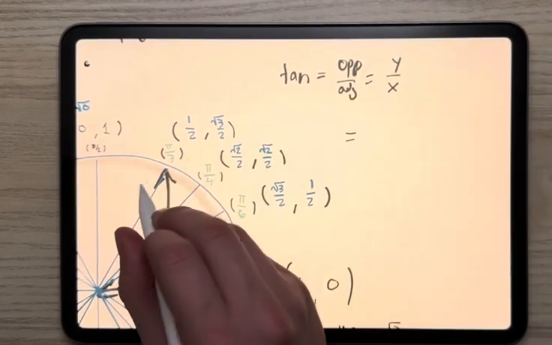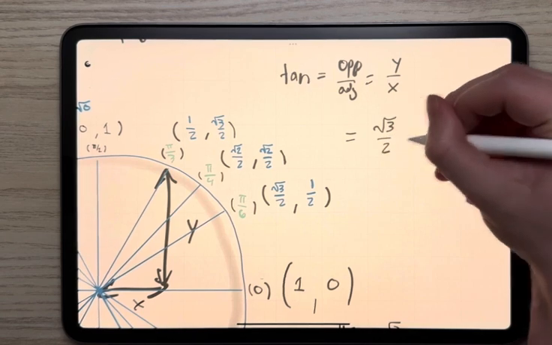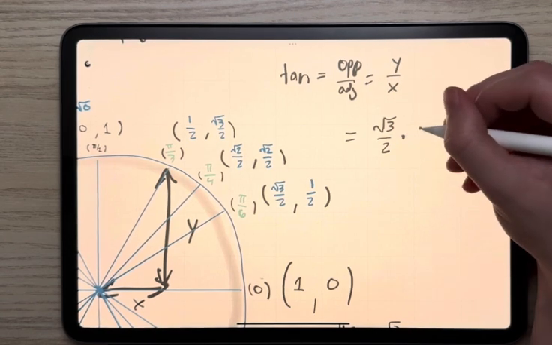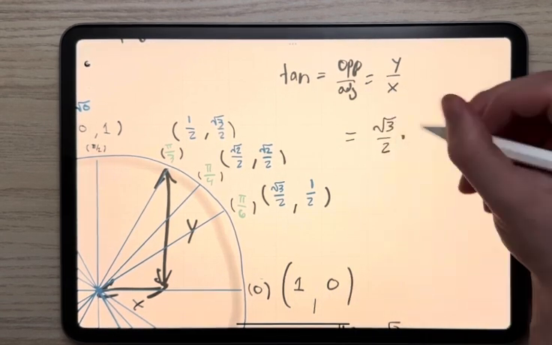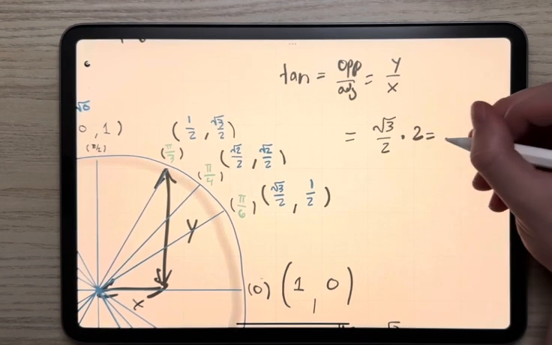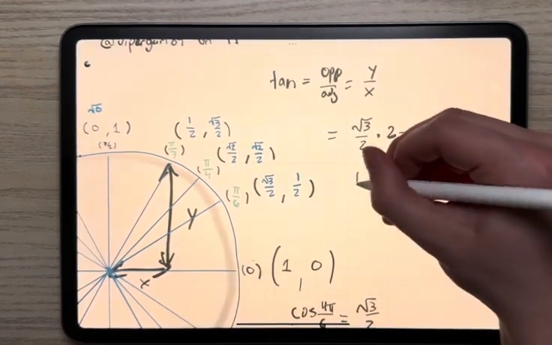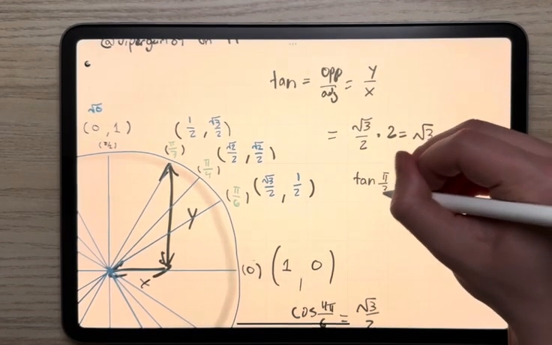And for, let's say, pi over 3, again, it would be root 3 over 2 times the reciprocal of x, because you're dividing by x, so you just flip it. So the times 2. So that means this is root 3. So tangent of pi over 3 is root 3.